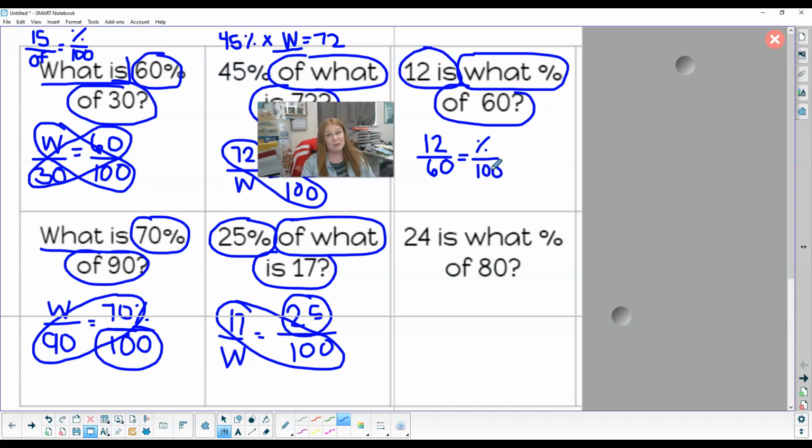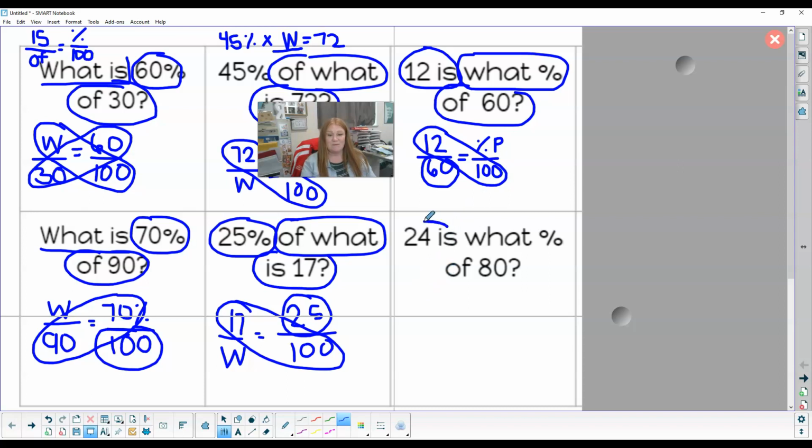But I still know it's out of 100 every time. So this time I could ask myself, how do I get from 60 to 100? If we don't know that, I can cross multiply 12 times 100, and then we can divide by 60, because this would be 60 times P for percent, or W for what. And I need to divide by 60 to get that all alone.